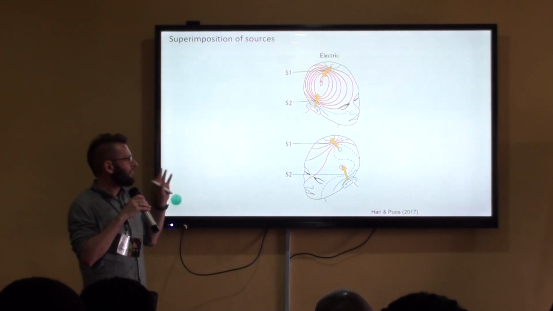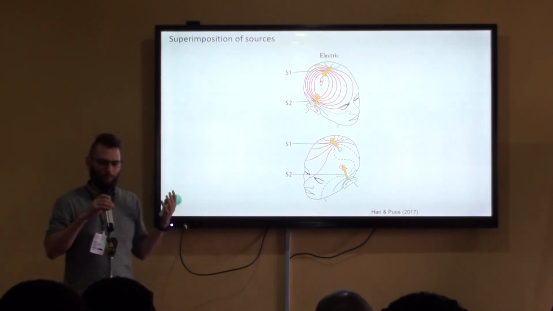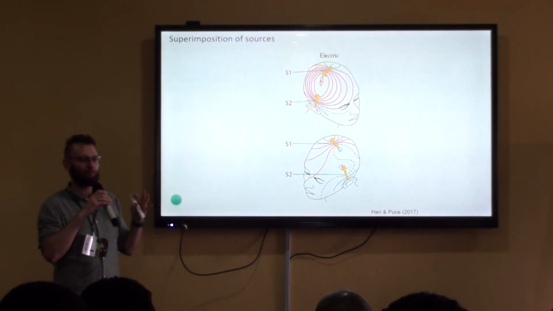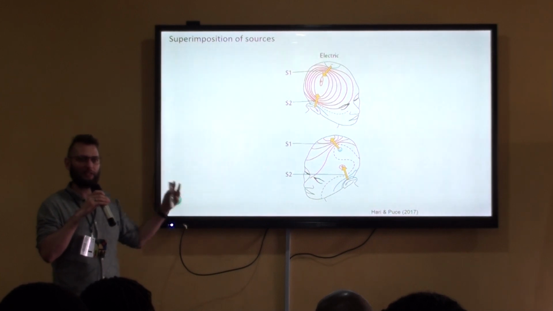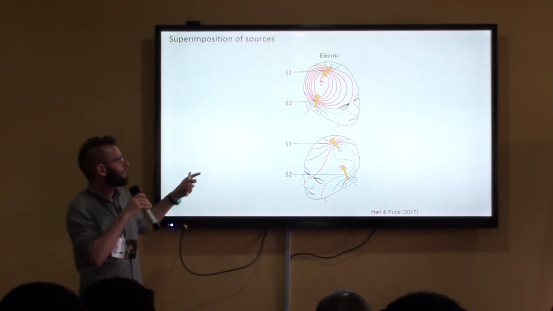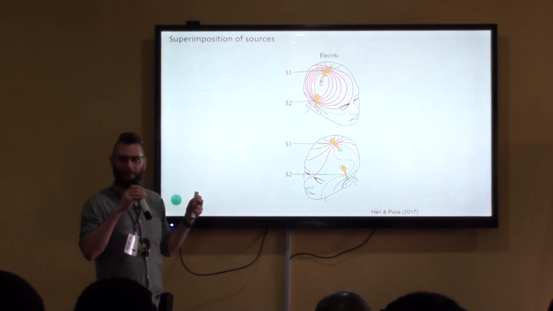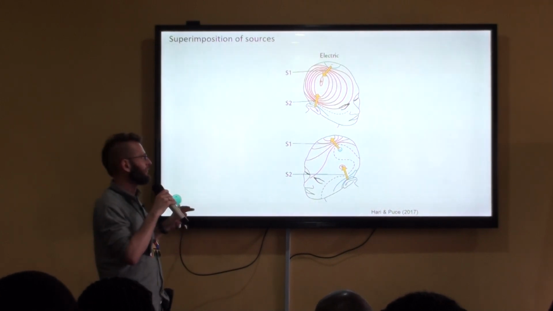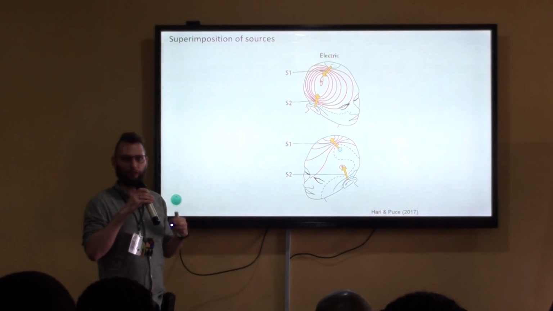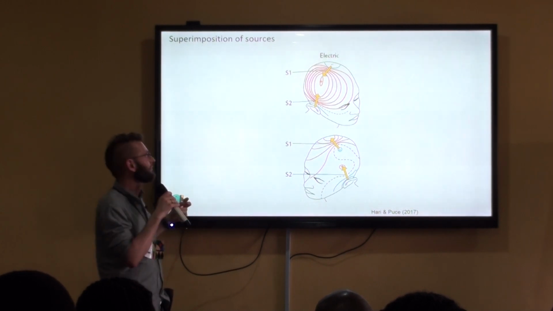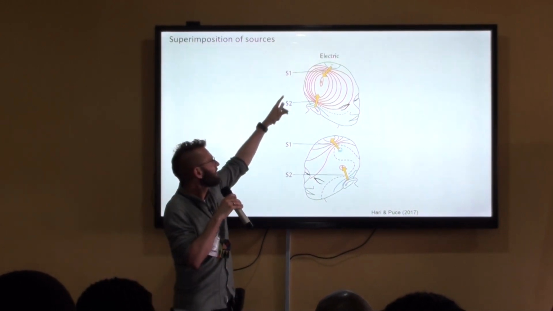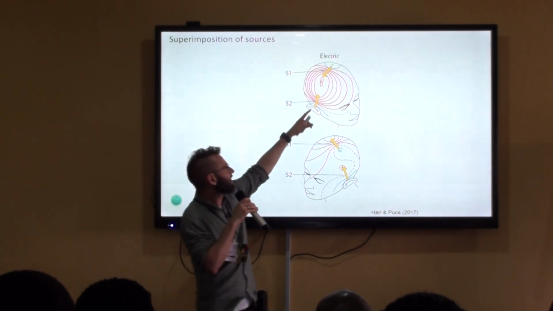Okay, so this summation of currents also can lead to some curious cases where we might see a pattern. So for example, seeing a very strong dipolar pattern that is actually caused by 2 underlying dipoles. So this kind of inferring to the simplest solution might not always work. So in this case here, there are 2 dipoles somewhere in the cortex.